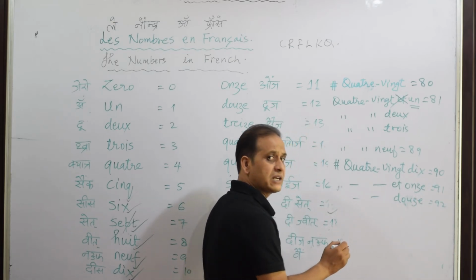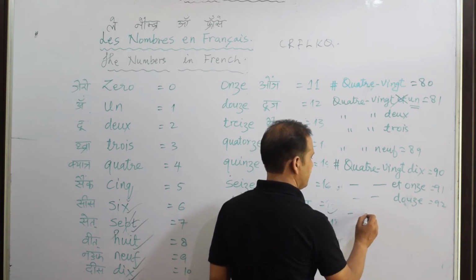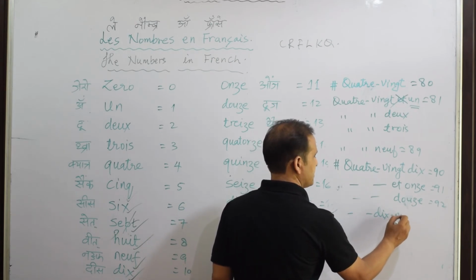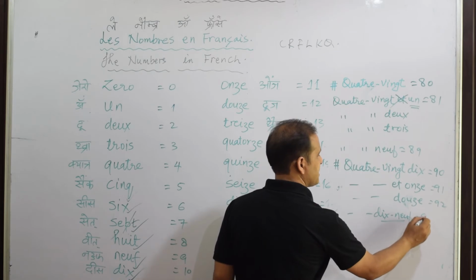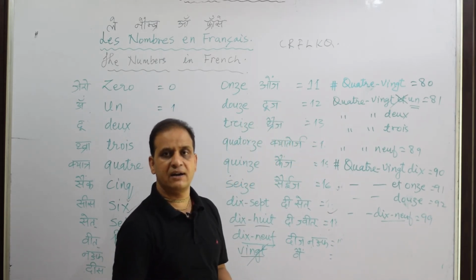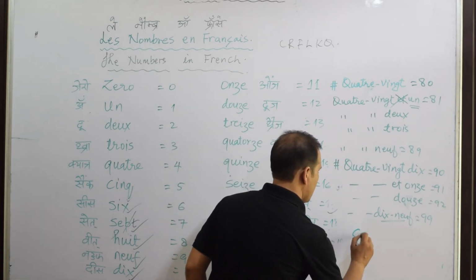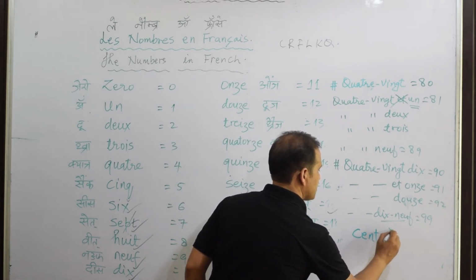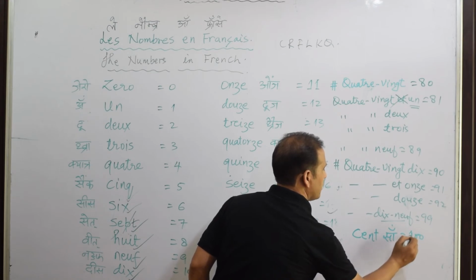And then how will you say 99? 99. 80 plus 19. So 99. And 100 is a very small word, that is 100.